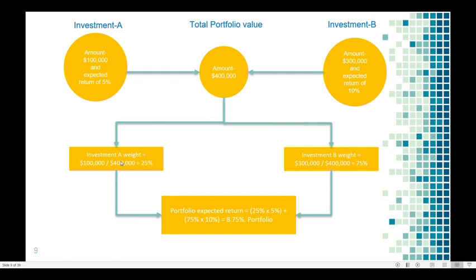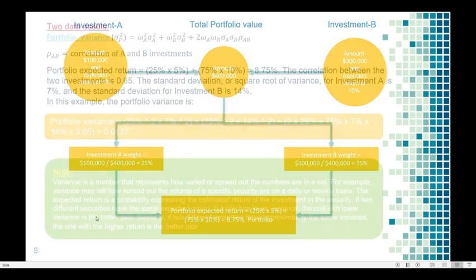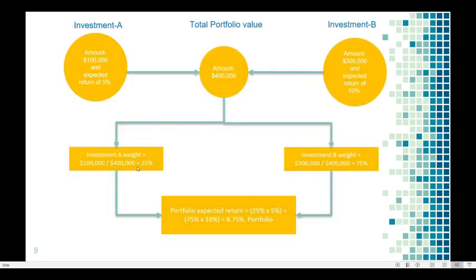The investment weight of A is the investment A divided by the total portfolio value, which gives 25%. Similarly, if we calculate for B, it gives us 75%.